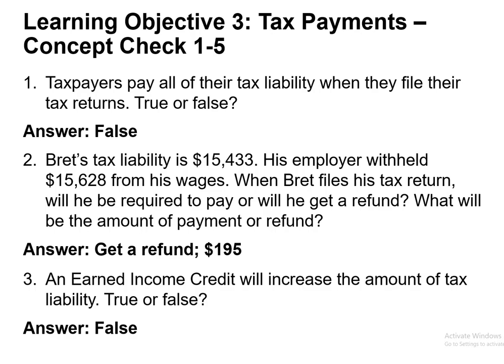An earned income credit, or any credit really, is going to decrease the amount of tax liability. That's the whole point of a tax credit. It will never increase a tax liability. Sometimes it won't decrease it because there are some limits on it, and we'll get into that later. But it will never increase it.